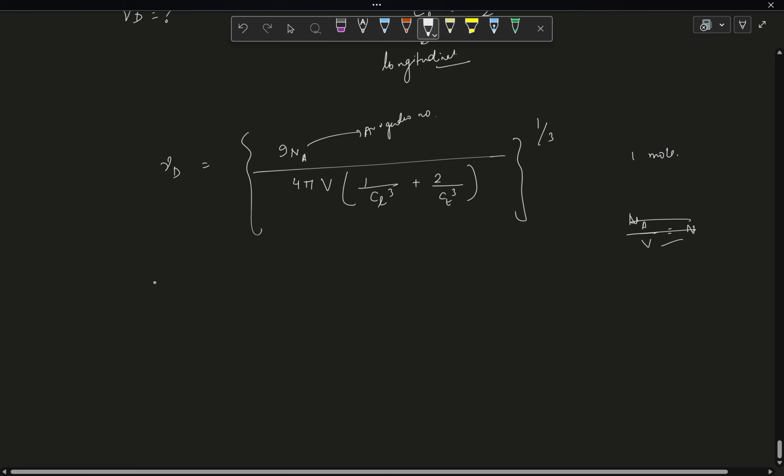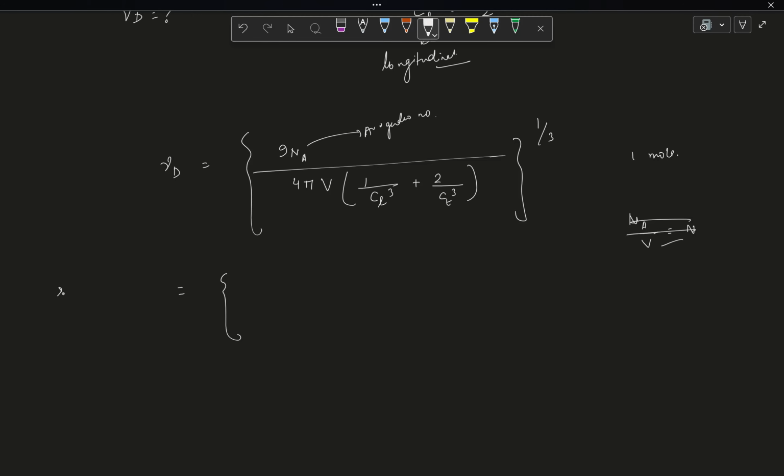So if instead of 1 mole you have a general expression, then Na will be replaced by N, the general number of molecules, total number of molecules, not specified for only 1 mole.